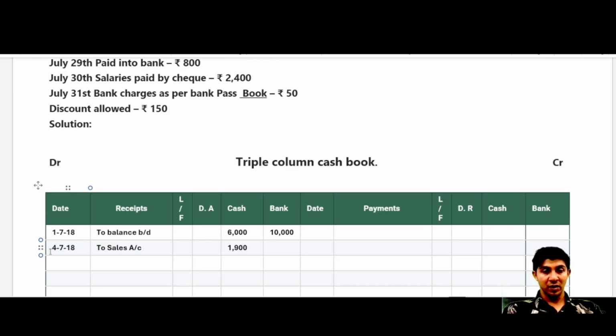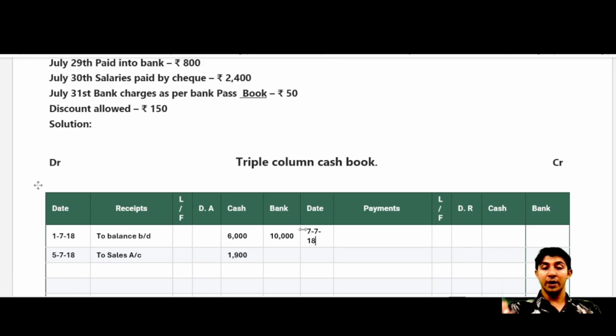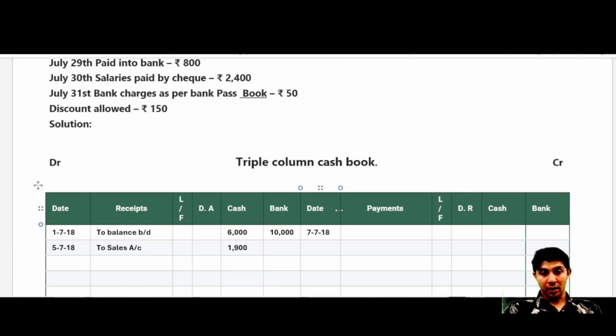कैश सेल की डेट 5 है. So will edit this and will move towards the 7th July. 7th July के दिन क्या हुआ, आप डीमार्ट को चेक इशू करें, मतलब हमारे बिजनेस में से पैसे जा रहे हैं, पैसे गए, तो we need to record that transaction on the payment side. 7th July 2018. We'll adjust this date column a little bit, and in the payment column what we'll write, चेक किसको दिया आप, डीमार्ट को.